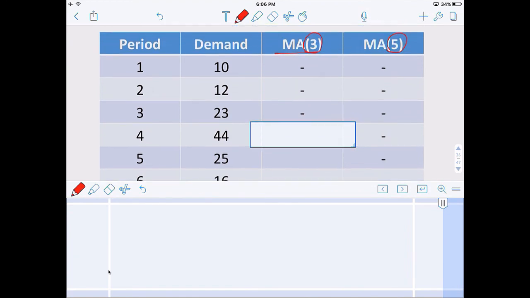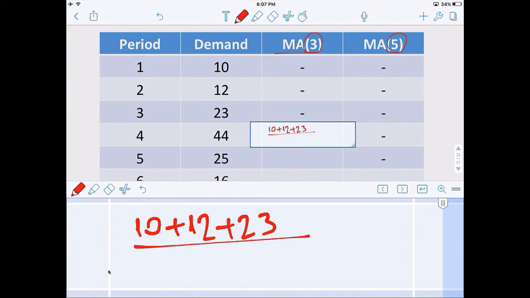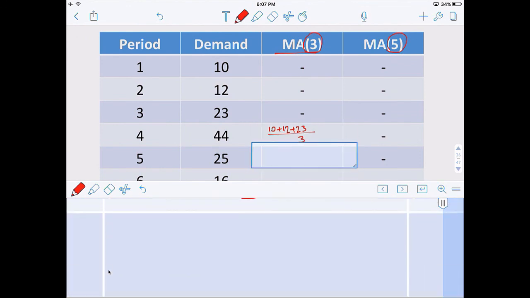So here, if you are using moving average with k is equal to 3, you need to take the most recent 3 time periods data. So here you will just need to take 10 plus 12 plus 23 and divide this number by 3, right? Well, guess what? Your 4th month demand data became available, so you have to update your forecast.